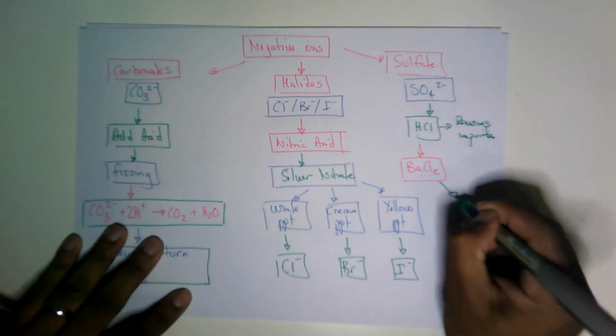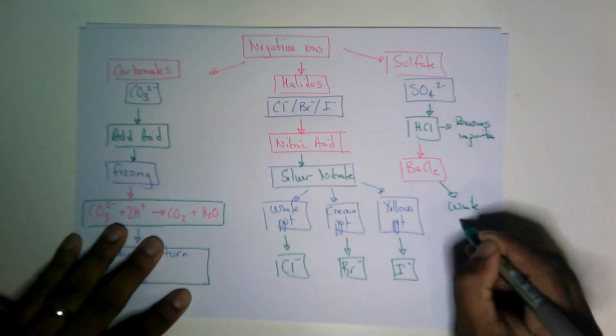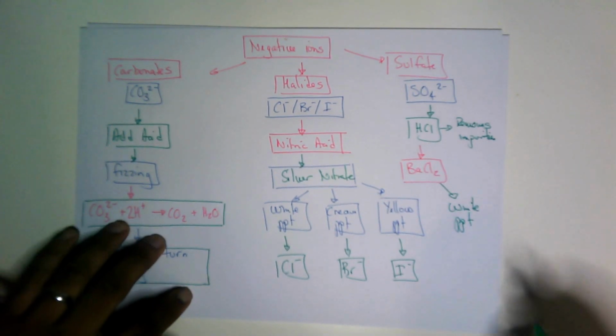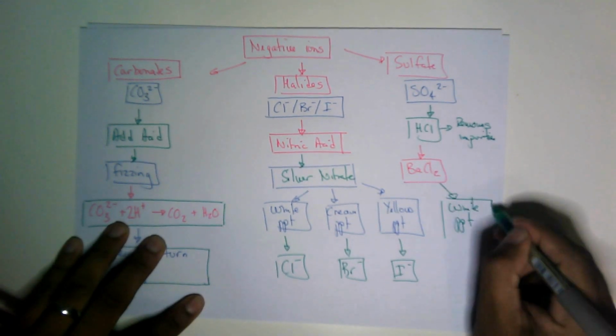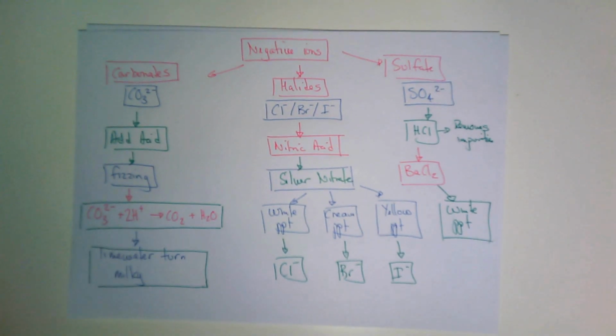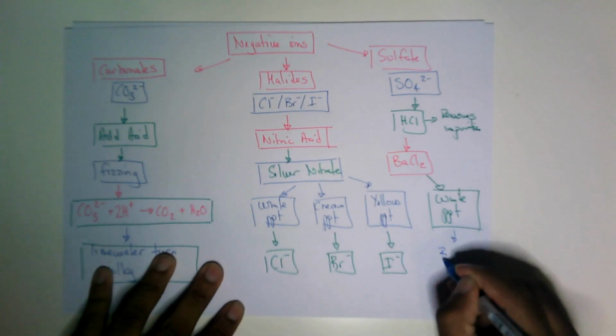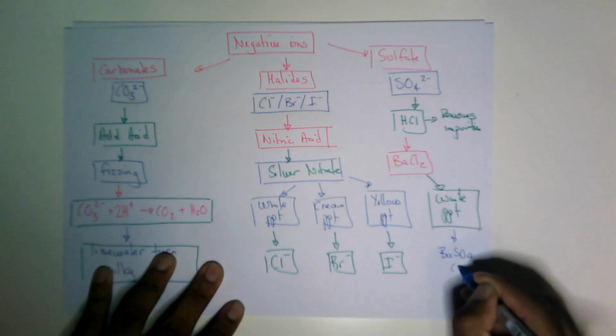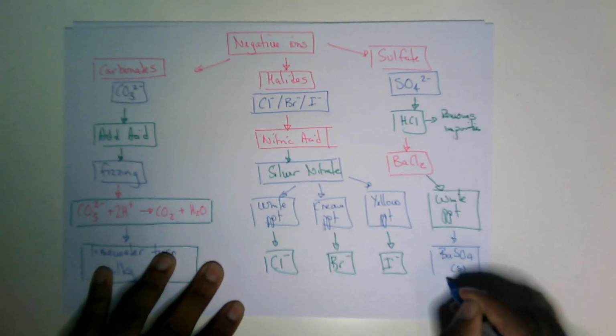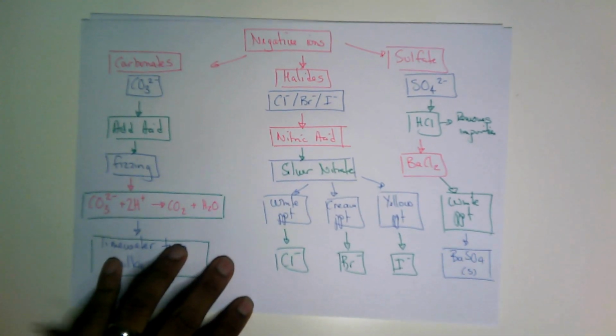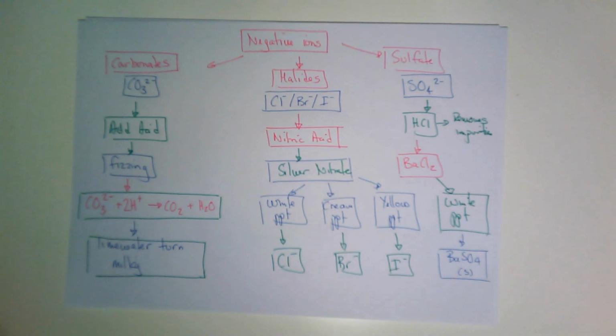That white precipitate suggests that a sulfate ion is present. The compound that produces that precipitate is barium sulfate, BaSO4 solid. So that's what causes that precipitate to appear, and that's all your negative ion testing.